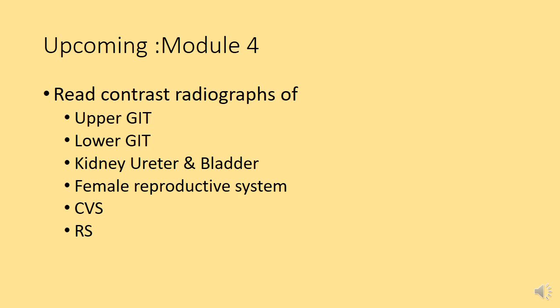In the upcoming module 4, we shall discuss contrast radiographs or special radiographs of the GIT, upper GI, lower GI, special radiographs for KUB, kidney, ureter and bladder, special radiographs for the female reproductive system, special radiographs for CVS as well as RS.